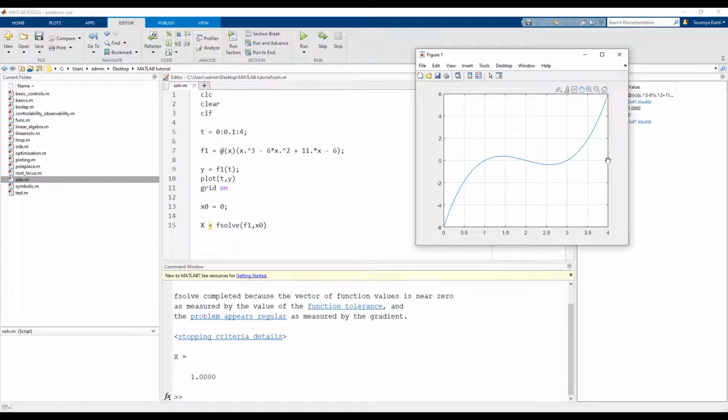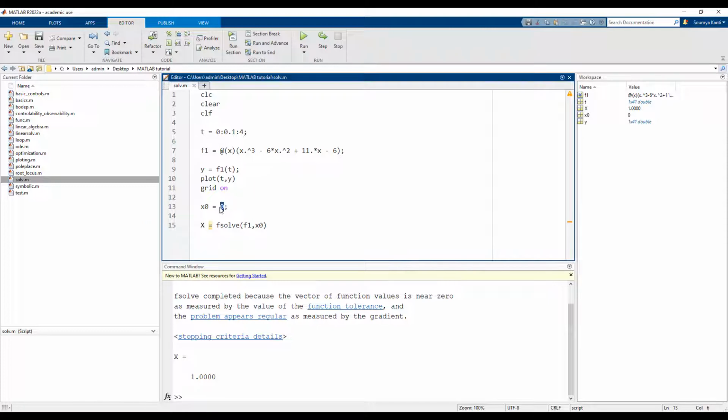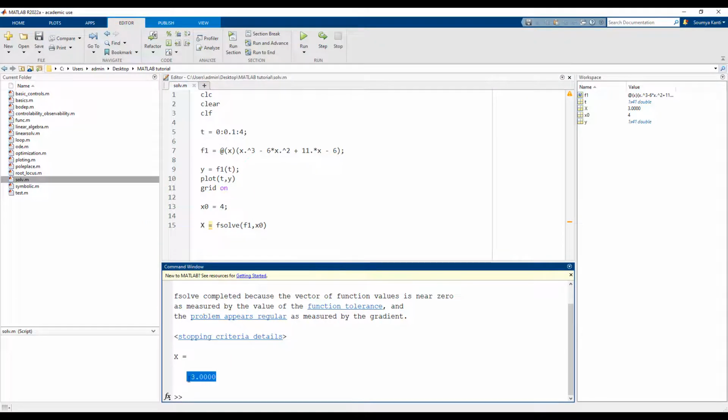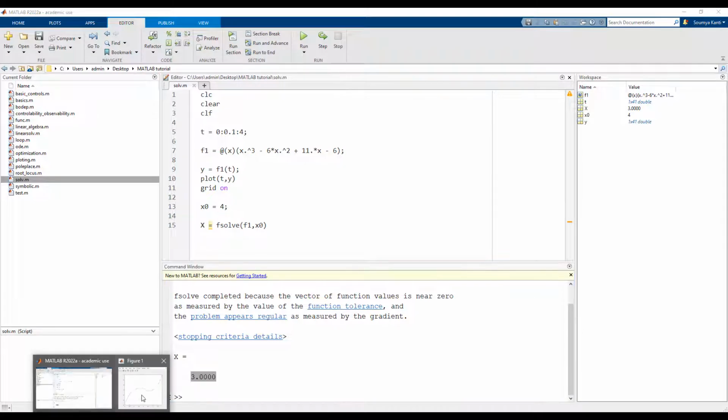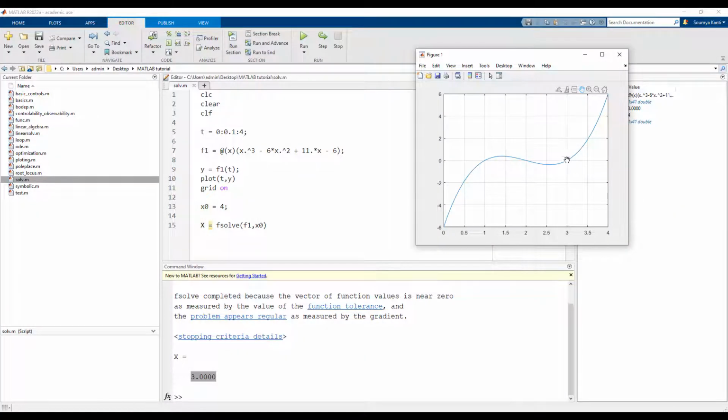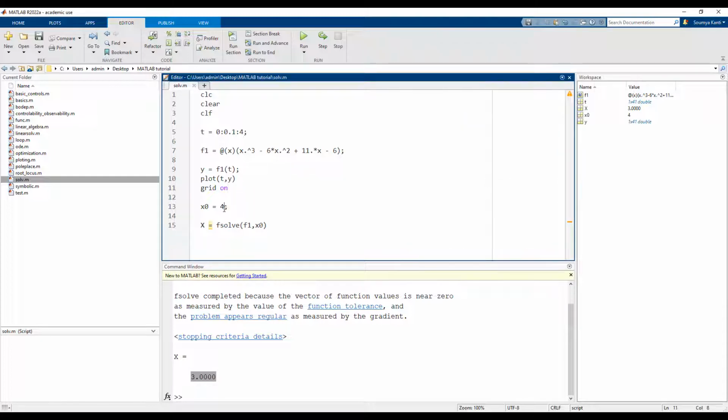Suppose I give 4 as an initial condition now and run the file again, you can see the output is now 3. It finds the nearest one to 4, which is 3. And similarly, suppose I give 2.1 as the initial condition, you can see that the output is 2.